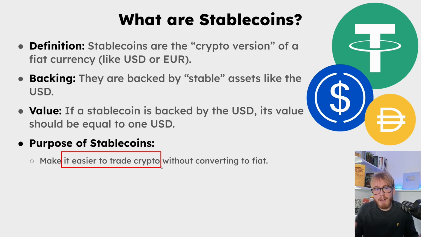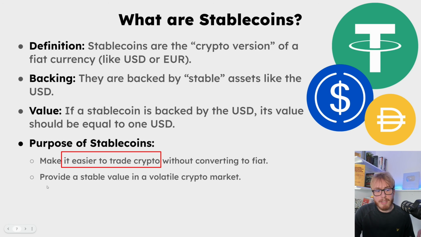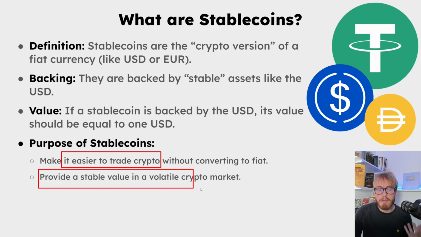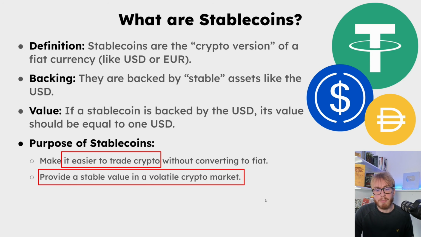So when you have a stablecoin like Tether, instead of always having to sell your cryptocurrencies to buy fiat like US dollar, you can instead sell your cryptocurrency to buy Tether. So by using stablecoins, you can basically have something that is worth the same as $1 US without leaving the crypto system.